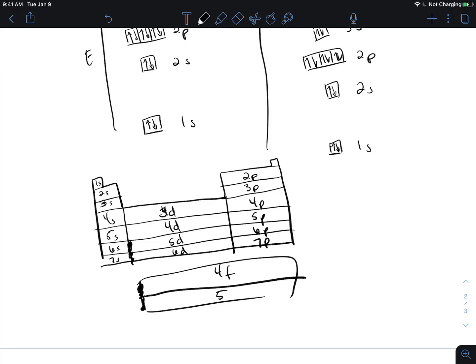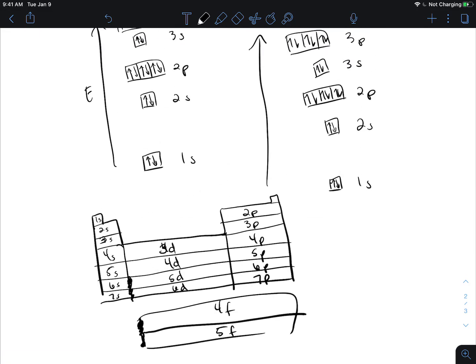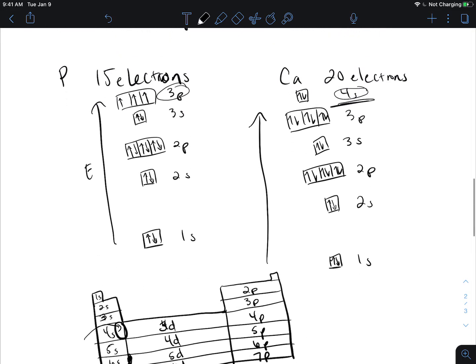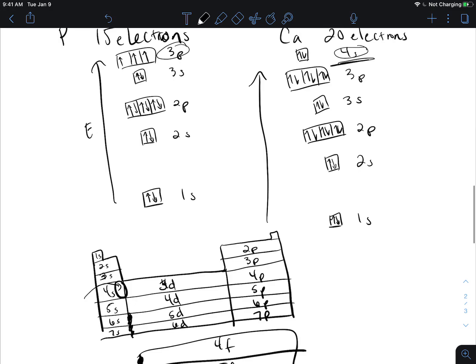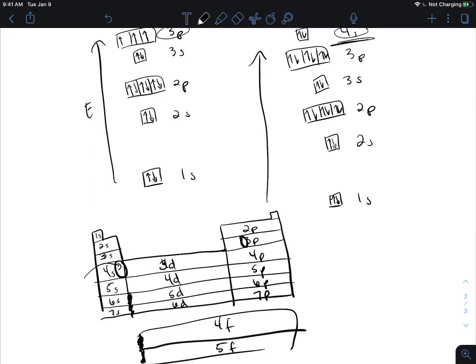So if we were to look at calcium on the periodic table, it is going to be right here. So I know that its outermost electron is going to be in the 4s subshell. So that's why I went to 4s. If we look at phosphorus, phosphorus is like right here. So I know that its outermost electron is going to be 3p. So we can use our periodic table to our advantage to save some time.